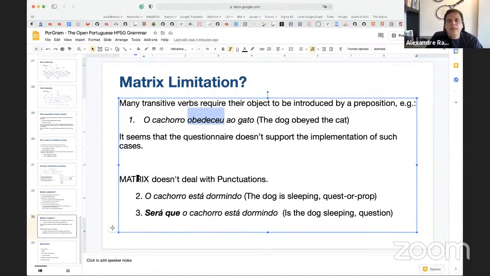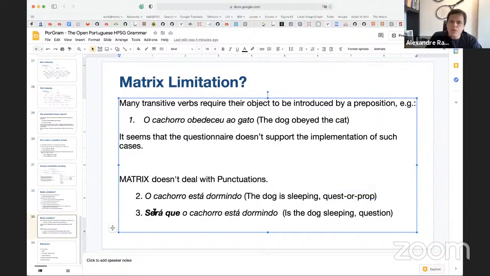And finally, matrix doesn't handle punctuation. So a sentence like "o cachorro está dormindo" is underspecified as a question or proposition, because you can think about the dog is sleeping. In Portuguese, it depends on the way that you say the sentence, it can be a question or it can be an affirmative statement, right?